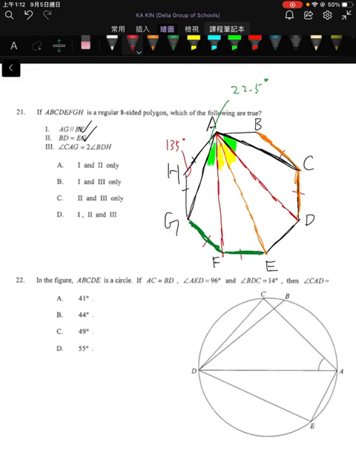Now if we take a look at the other angle, that means BDH. If you observe carefully, you can see that the angle BDH also consists of one yellow highlighted angle and one green highlighted angle.